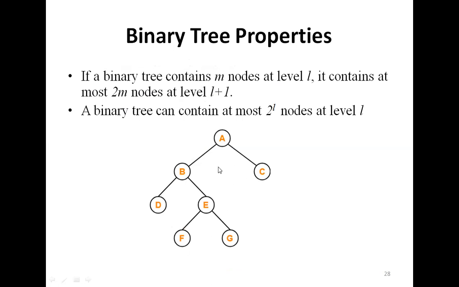Take any level in this diagram. If any level contains m nodes, then at the next level, the total number of nodes at most will be 2m.